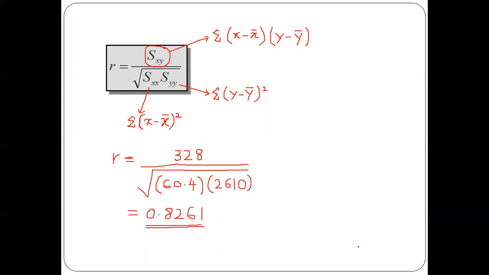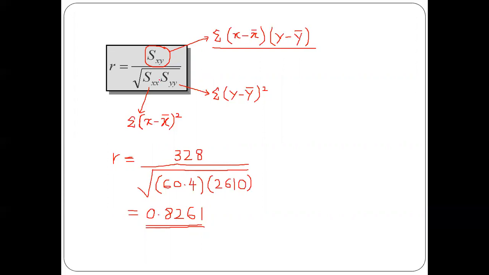Okay, so this is the R formula. The R formula refers to the sum of Sxy divided by the square root of Sxx times Syy. The value Sxy is the sum total of x minus x bar times y minus y bar.